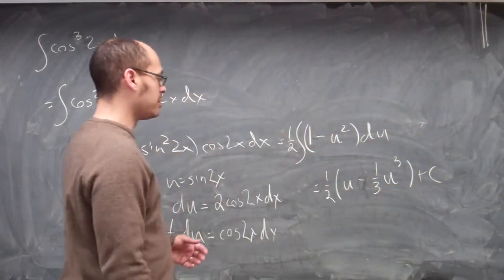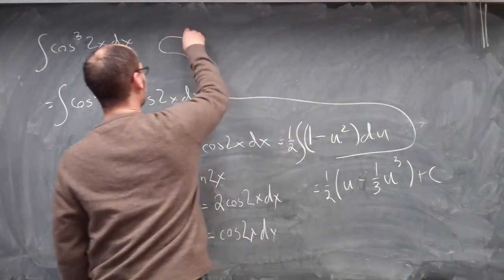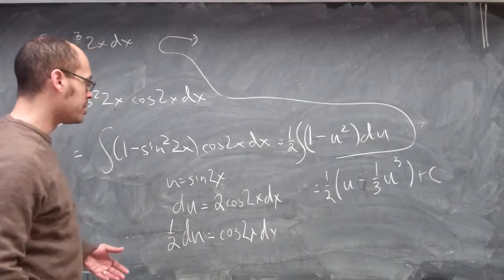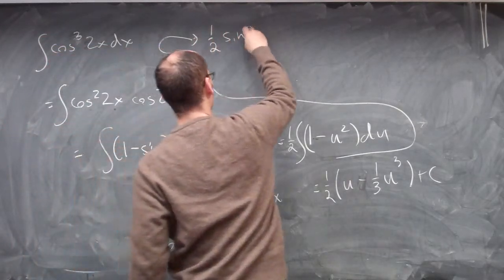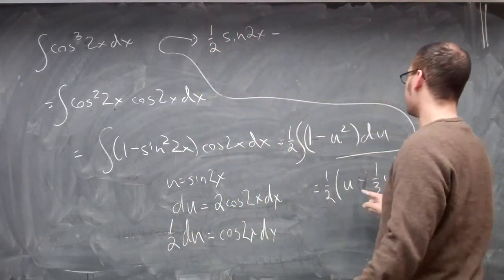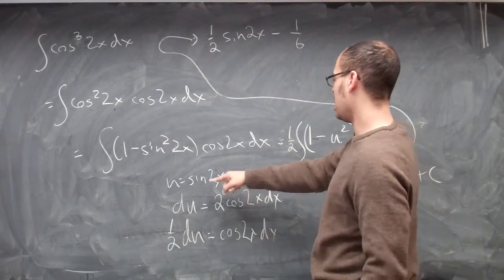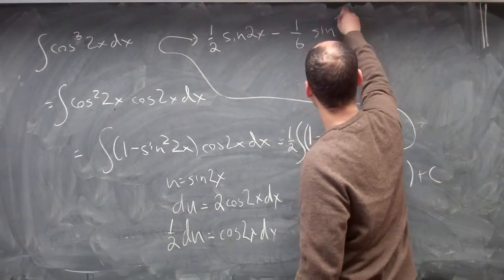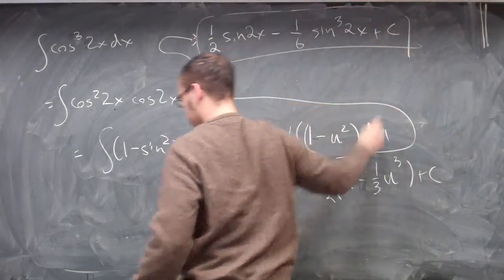And now just substituting back in, where u is the sine of 2x, this just gives me 1/2 of the sine of 2x minus, I have a 1/2 and a 1/3, gives me a 1/6, the sine cubed of 2x. And there we go.